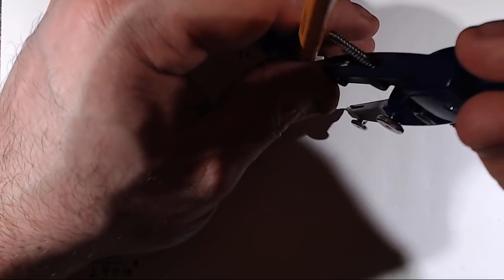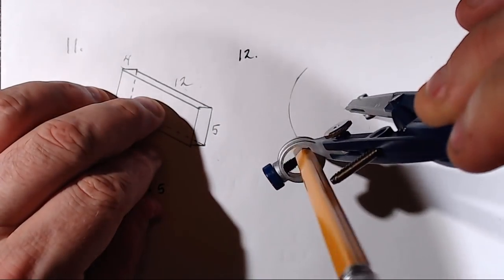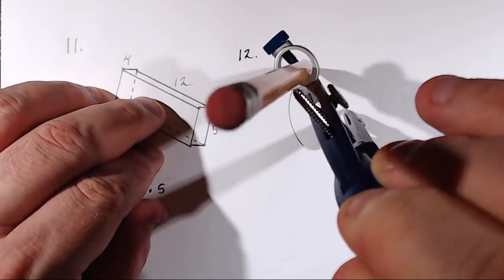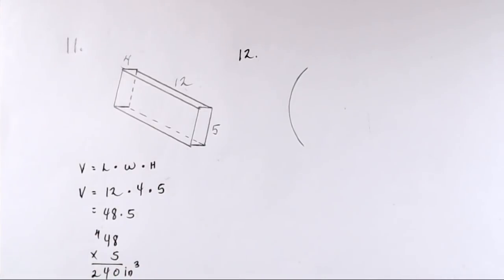So anyway, we'll draw a kind of like the bottom of the cylinder, like that. Draw with our compass. At least you'll get to draw a lot of shapes in geometry, for sure.